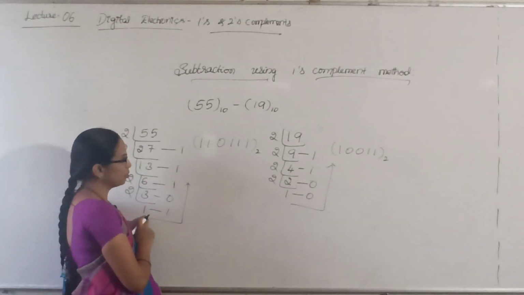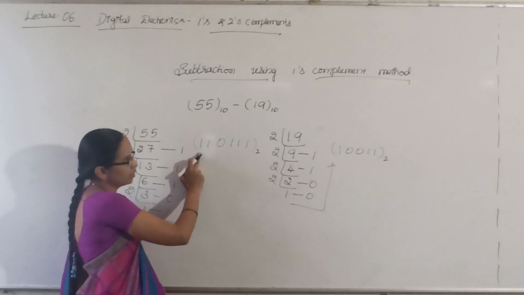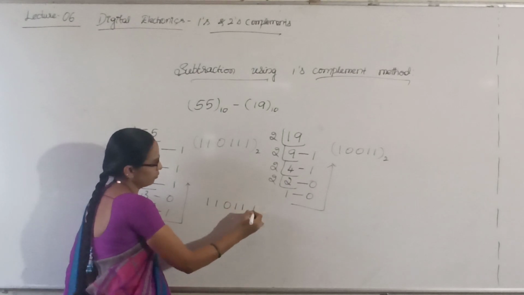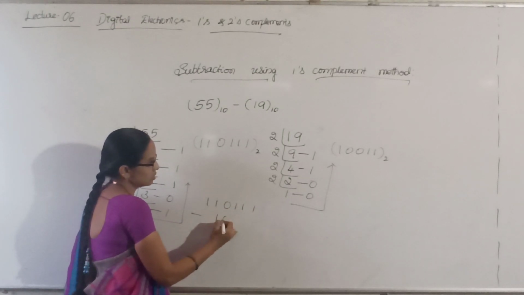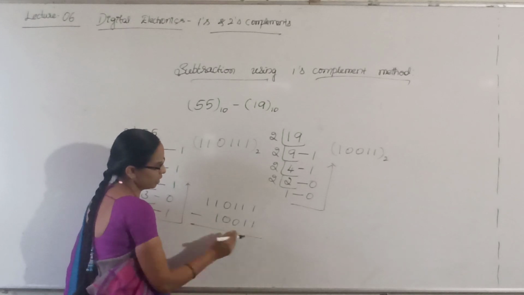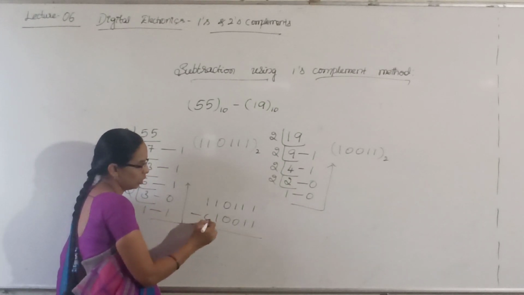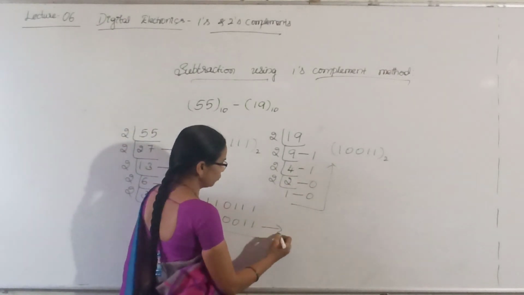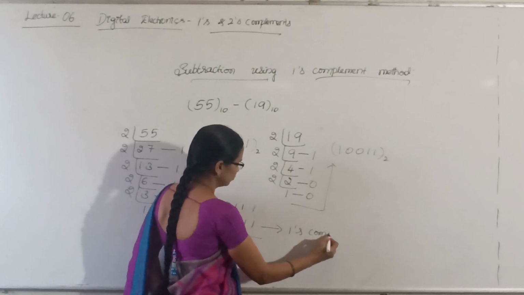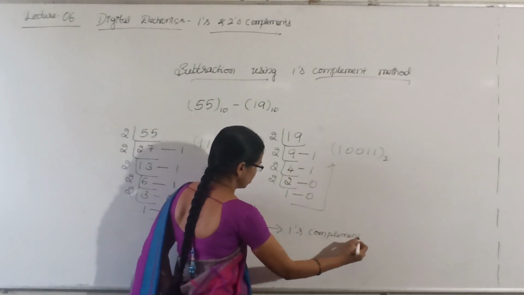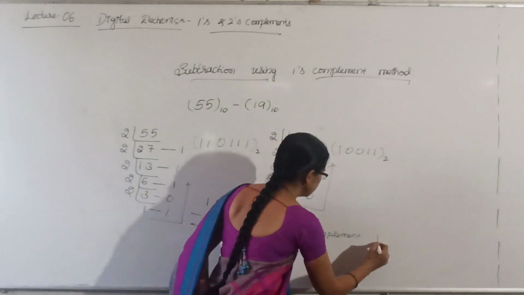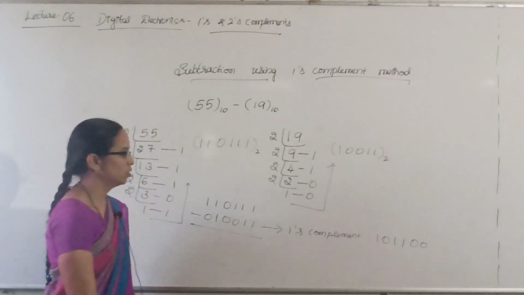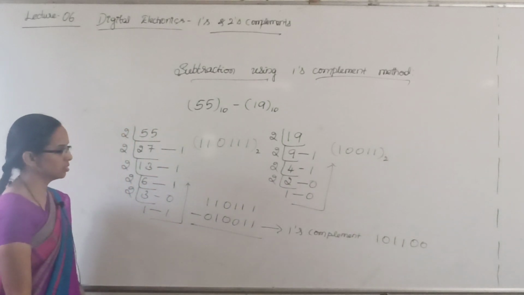What they have given will be our minuend. You have to subtract 19 from 55. So 110111 minus 10011, again a shortage of a digit here. I will put 0 in front of the subtrahend. Take the 1's complement of this. The 1's complement of this will be 101100.